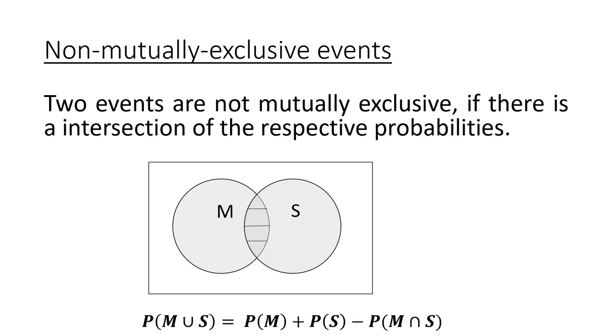So this is what we discussed before when we analyzed the way we actually write down the union set for two sets. If they are non-mutually exclusive, there is some intersection that implies that in order to avoid double accounting, we have to exclude it. So we add M, we add S, and this means that we already accounted for this intersection 2 times. That's why here we have to subtract it.